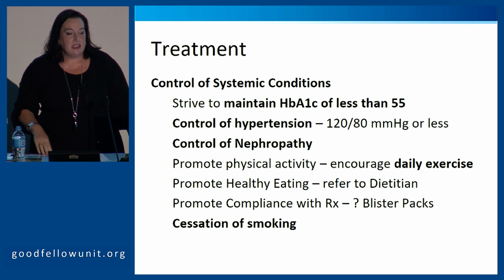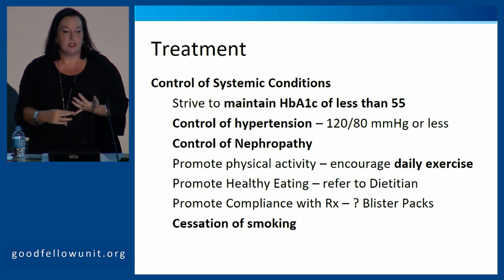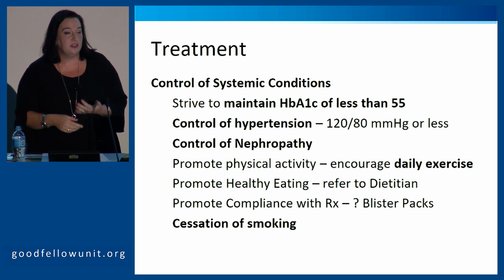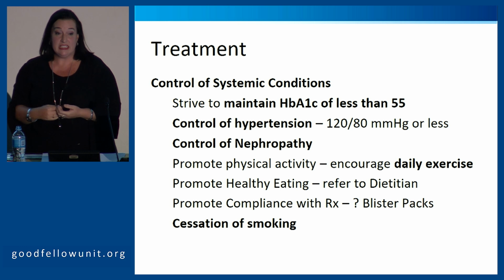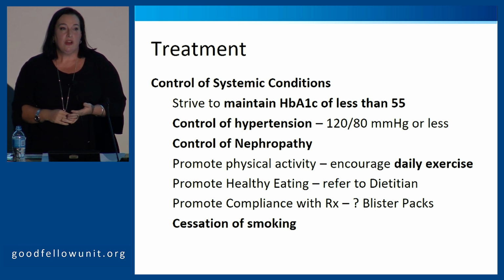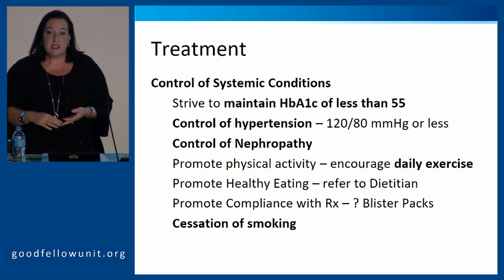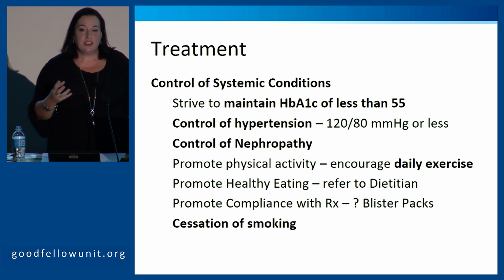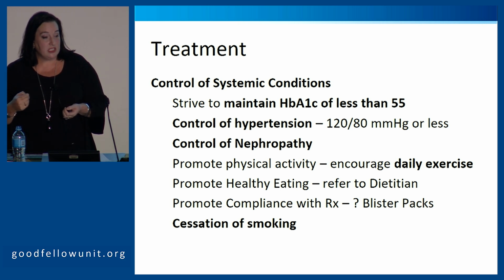Okay, so I've talked about this a little bit and we've heard about it. So we're going to attempt to get an HbA1c of 55 or less. A big ask for some, but any reduction is a good reduction. Controlling of our hypertension, controlling of our other comorbidities, actively managing any foot ulcers, because there's a direct link to ongoing foot ulcers and the presence of retinopathy.